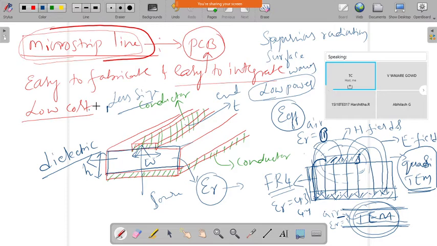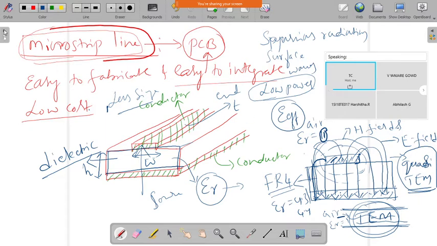The components on this microstrip line are very popular nowadays, and people extensively integrate them into microwave circuits along with lumped elements. So this is about the structure, the wave propagation and the field configuration.